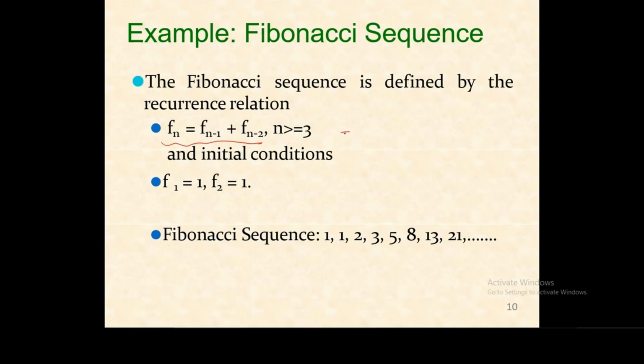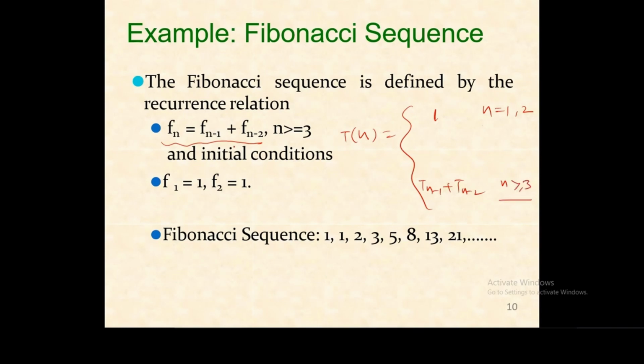If we denote it as a function, t of n equals 1 for n equals 1, 2, and it is t of n minus 1 plus t of n minus 2 for n greater than or equal to 3.